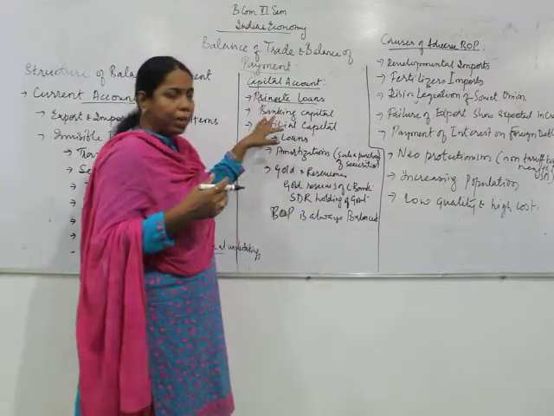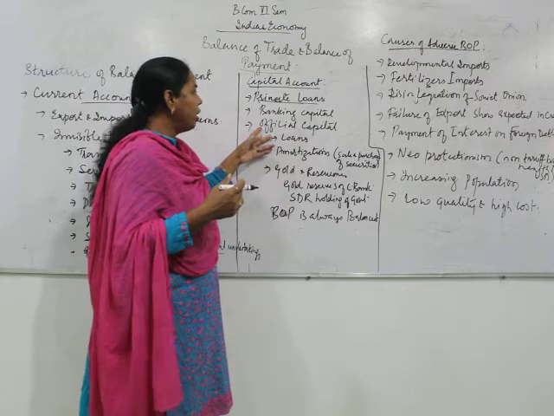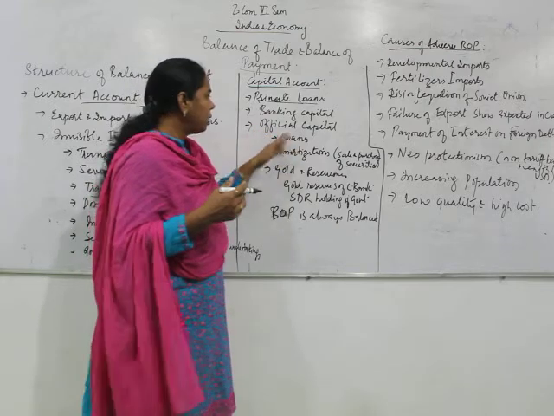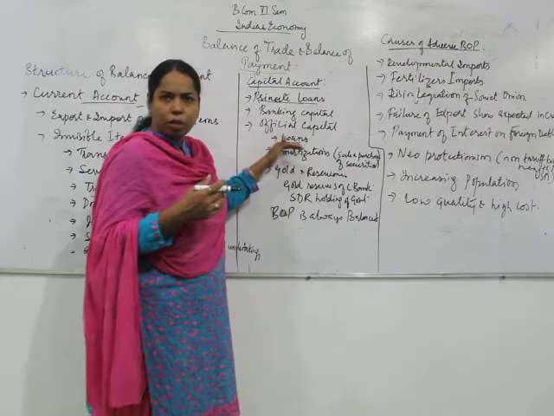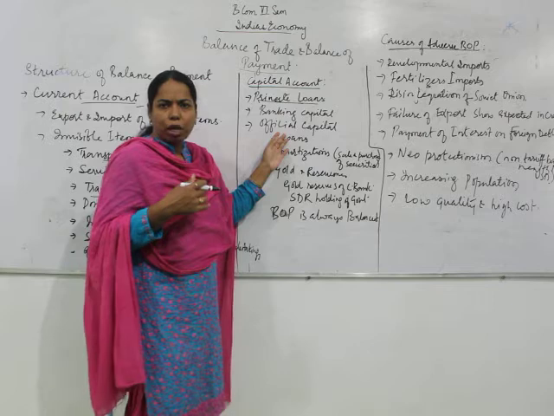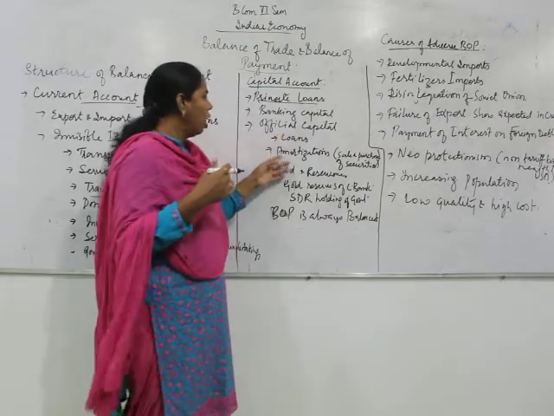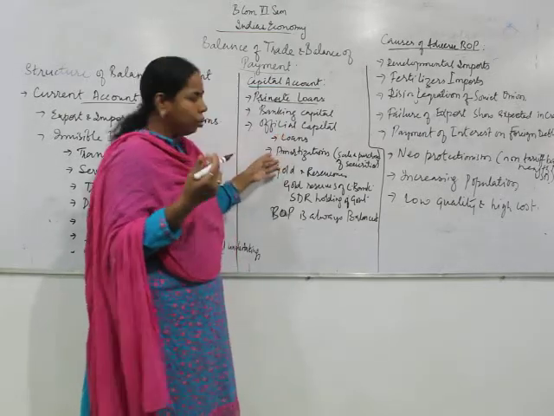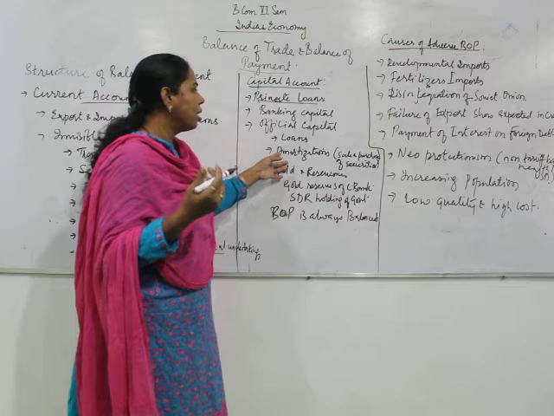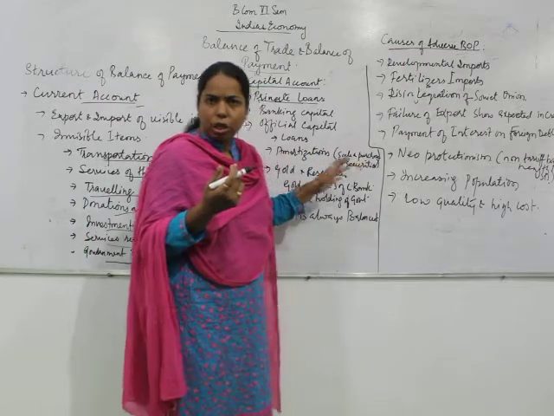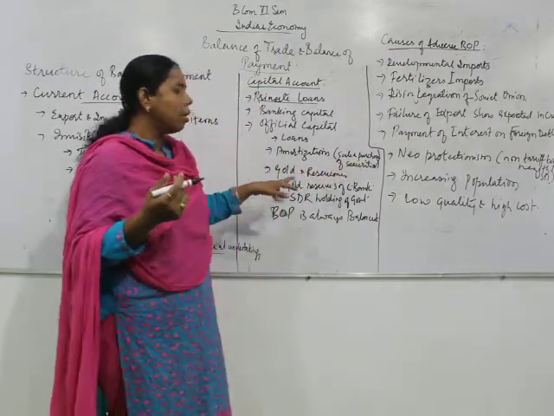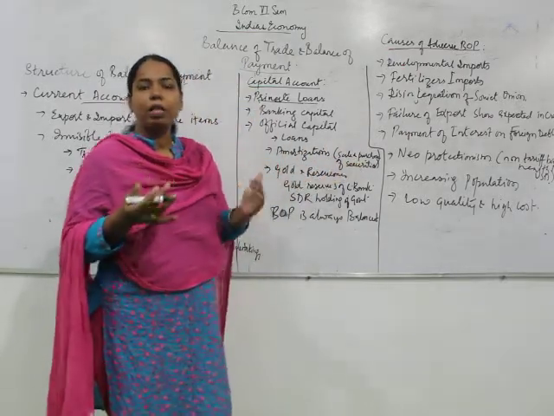Similarly, the banking capital and the official capital, which includes loans received by the country from other countries, and the financial institutions, amortizations, that is the sale and purchase of securities. Similarly, the gold reserves which are related with the central bank.